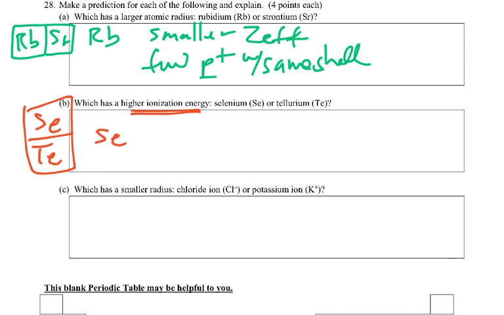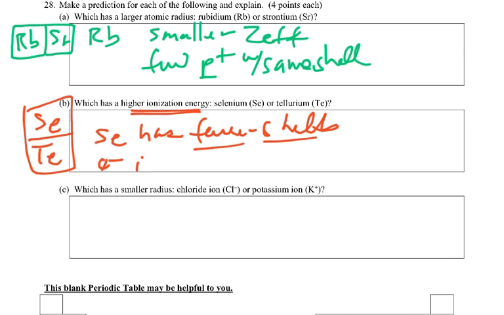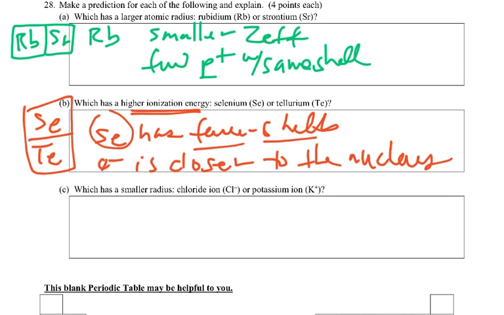So selenium has fewer shells, and since it has fewer shells, that means that the electron is going to be more difficult to pull off because it's closer. The outer electron is closer to the nucleus, and that's going to make it more difficult to pull off the electron from selenium. Selenium has a higher ionization energy.